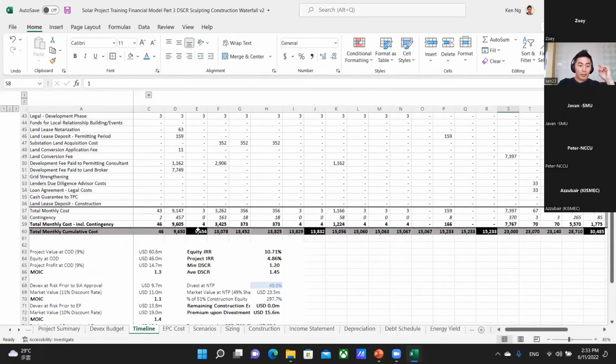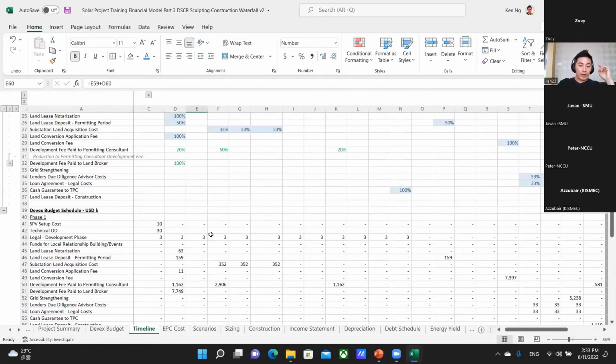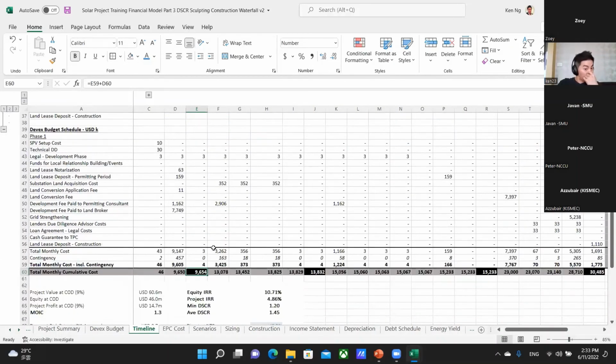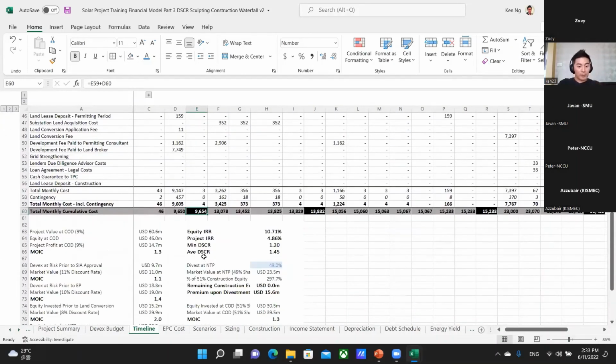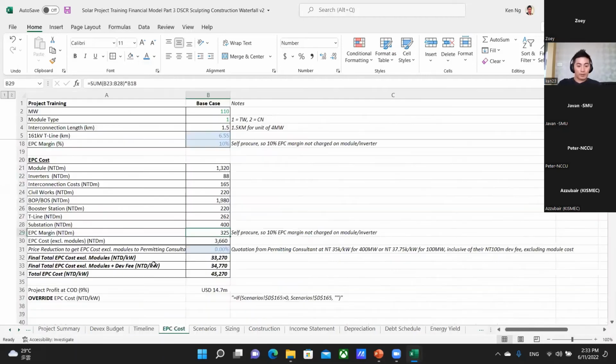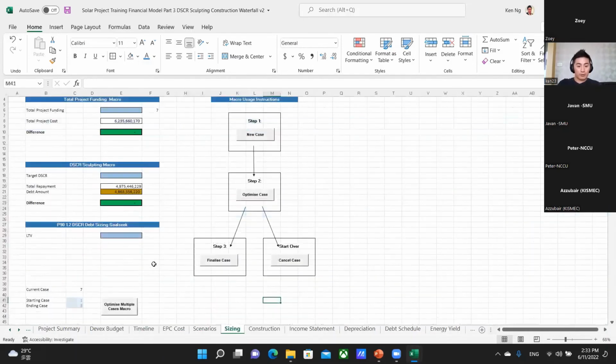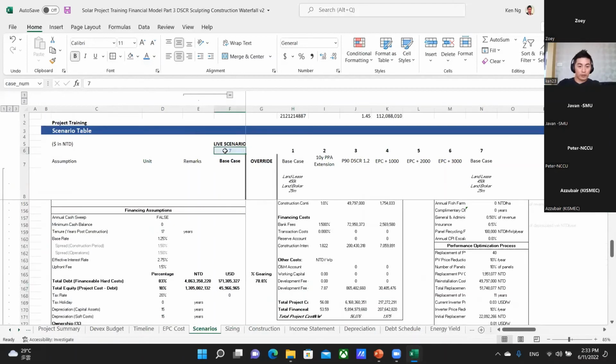So one of the things we look at is how much money we've actually spent prior to getting these permits. So for example, on the initial permit, we would want, let's go back to scenario 1.